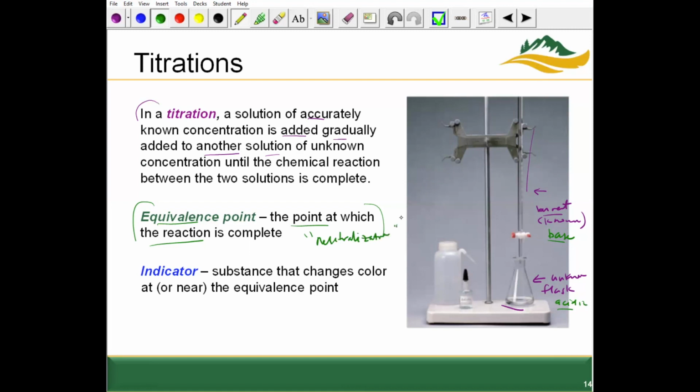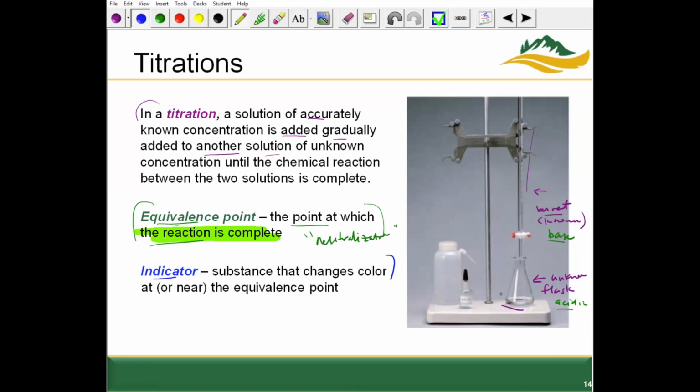For redox titrations, the equivalence point is different. It's when all the electrons have been transferred that can be transferred. But for a general titration, this term equivalence point is the point at which the reaction is complete. Then our indicator is a substance that changes color at or near the equivalence point.